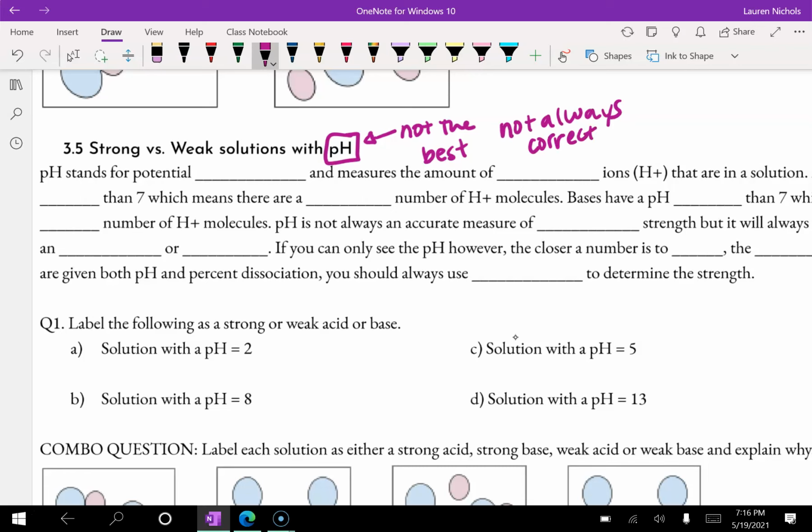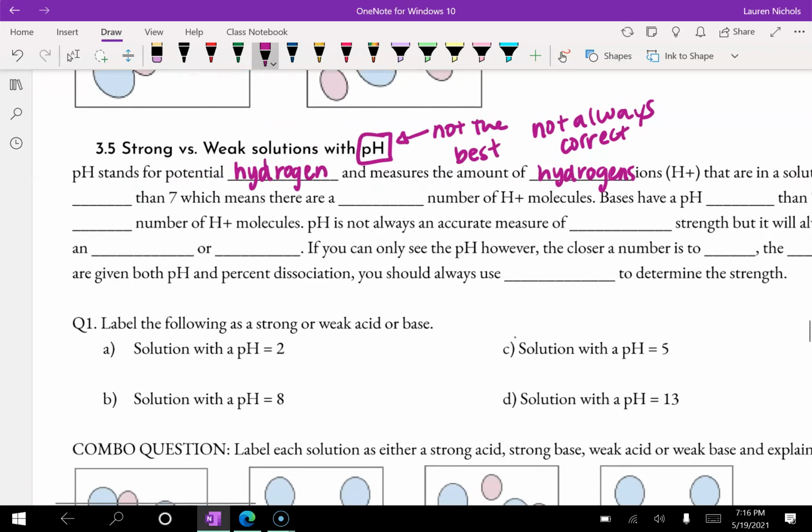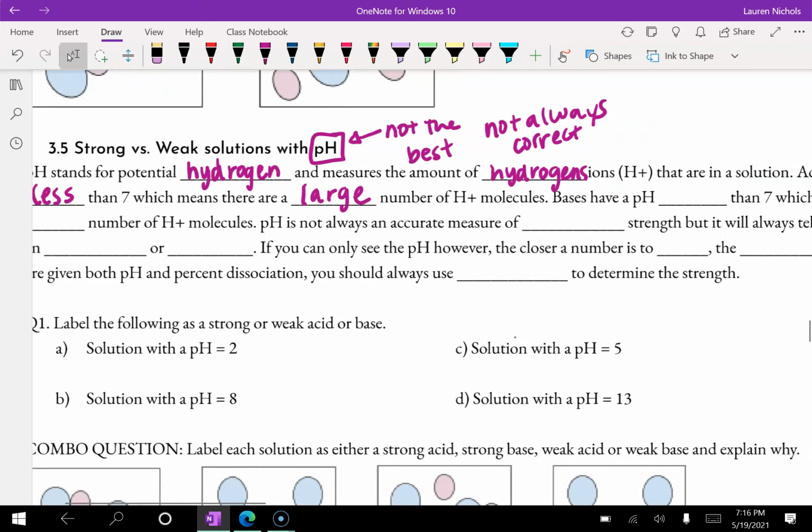Now, pH stands for potential hydrogen. The H in pH is capitalized because it's the capital letter H for hydrogen, the symbol from the periodic table. It measures the amount of hydrogen ions that are in the solution. Acids have a pH that is less than 7, which means that there are a large number of H+ molecules.